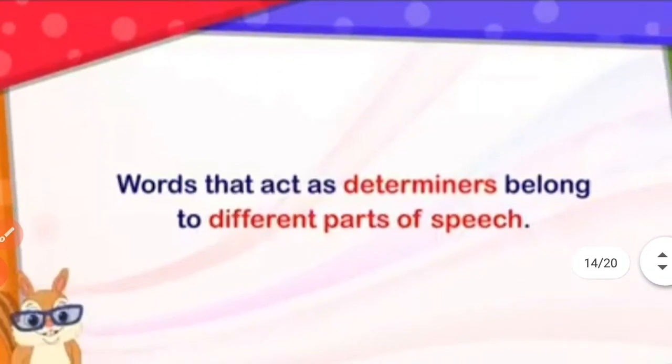Now words that act as determiners belong to different parts of speech. It could be a pronoun, it could be a preposition, it could be any part of speech. I hope everyone knows that there are 8 types of parts of speech, sorry, it's a mistake, 8 types of parts of speech are there.